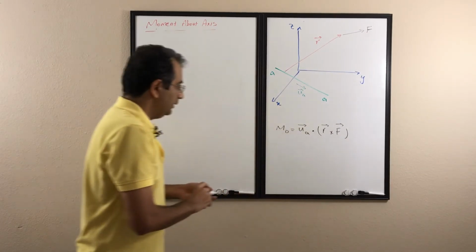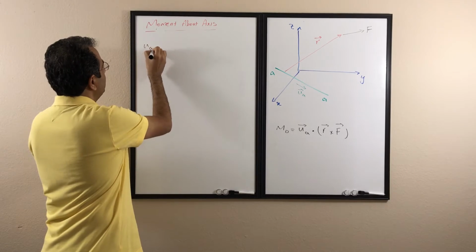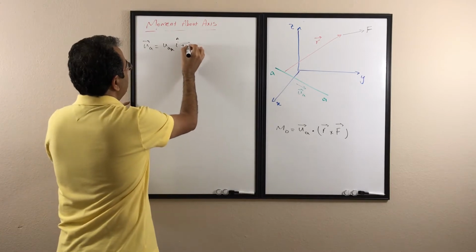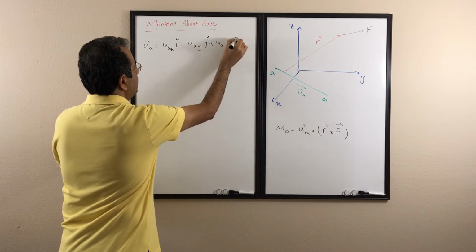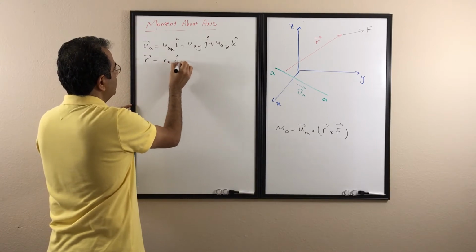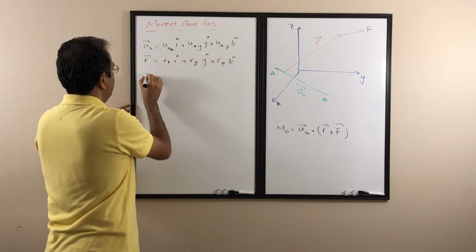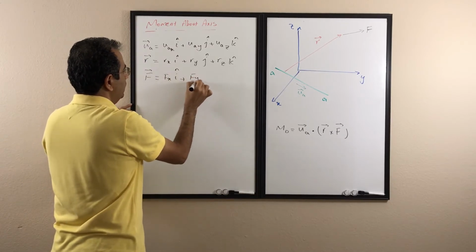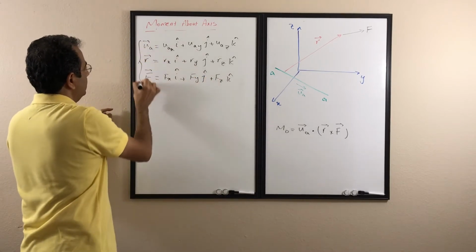To calculate that, we can write the UA as UAX i plus UAY j plus UAZ k, and R is going to be RX i plus RY j plus RZ k, and F is FX i plus FY j plus FZ k.